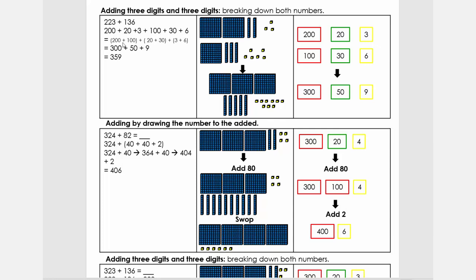So what are we going to do? We're going to put the hundreds together, the 200 and the 100. Then we're going to put the tens together. So we have a 20 and a 30, and then a 3 and a 6. So if we put it together, we've got a 300, and we've got a 50, and we've got a 9.